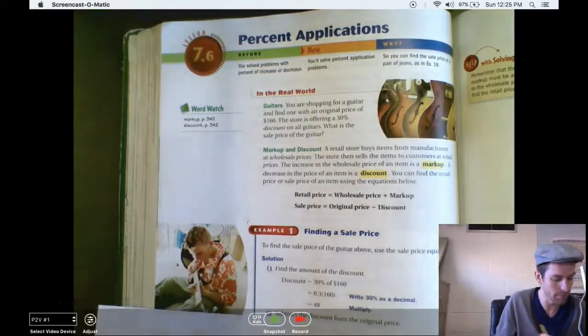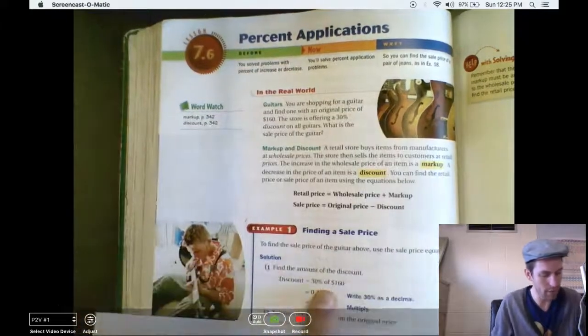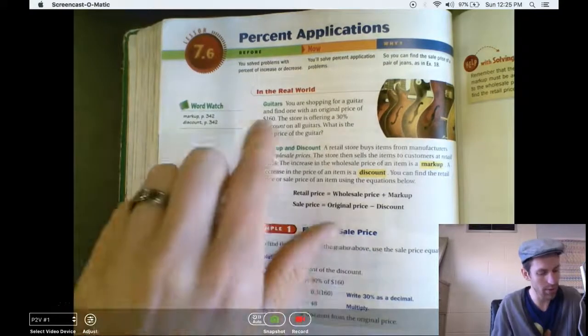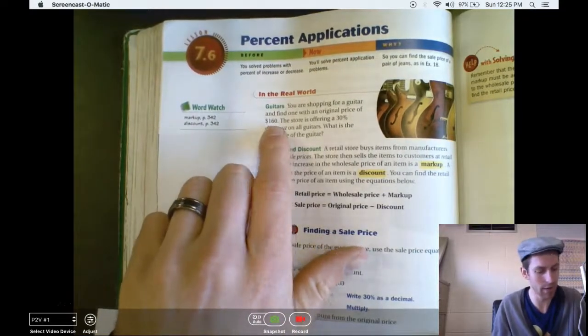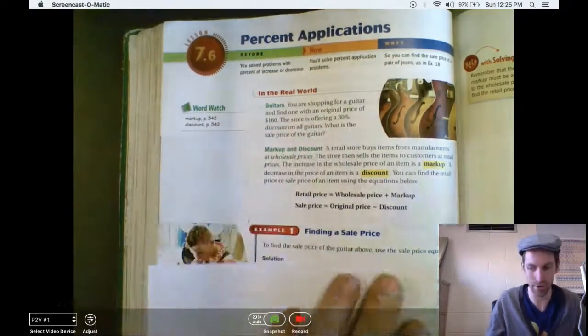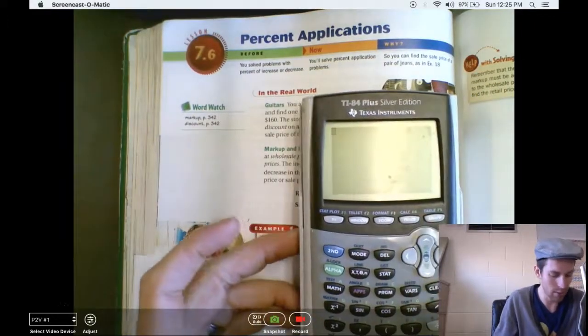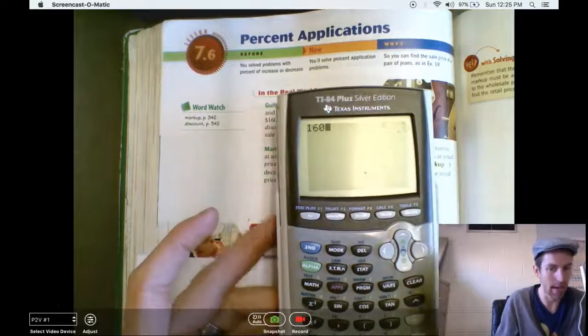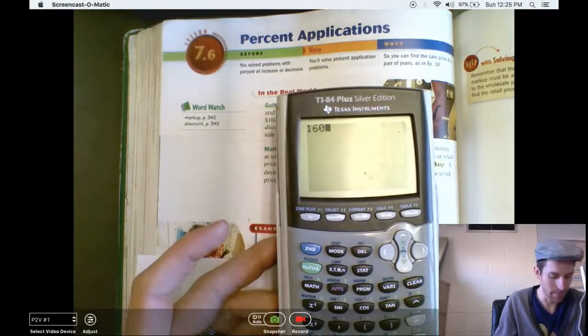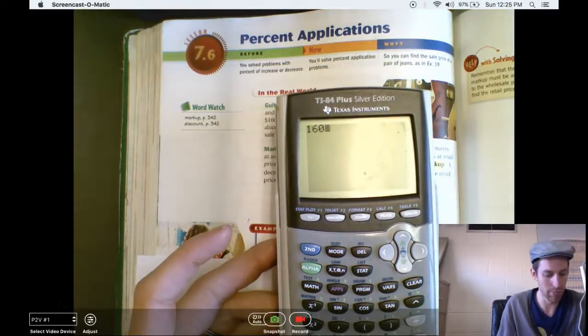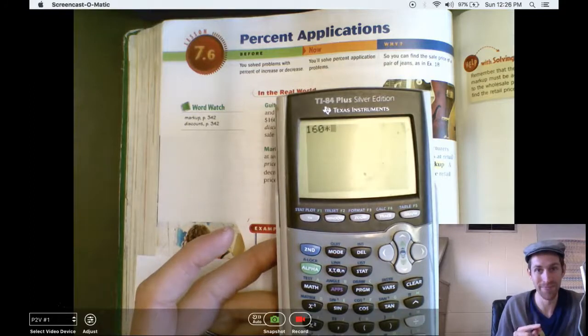This guitar problem. Basically you start with 160, right? And you're taking off a discount of 30%. So what does that look like on a calculator? It's 160. To find 30%, what do you multiply by? By 30? No.